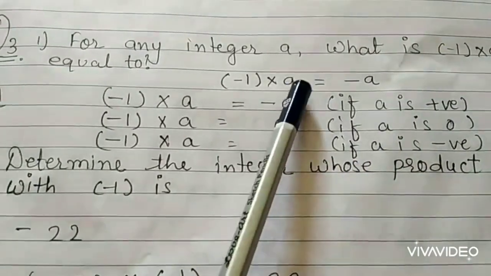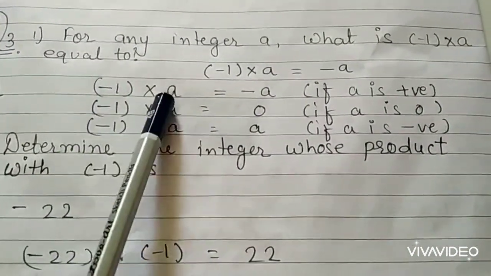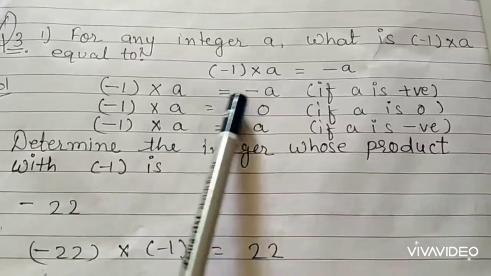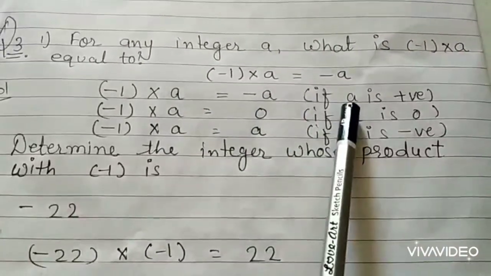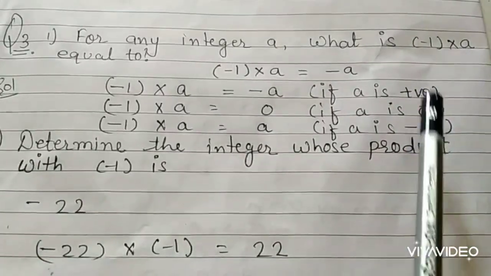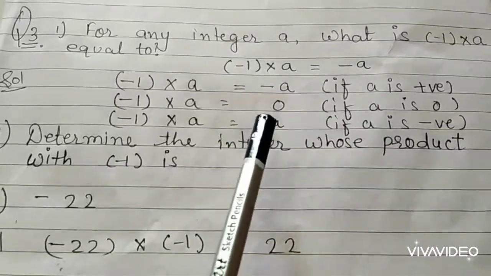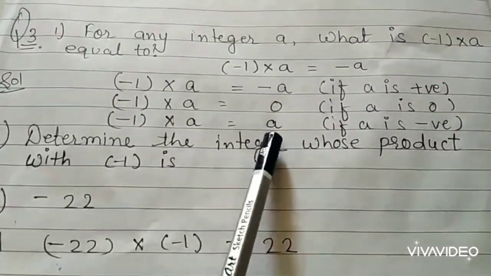But if we take different situations, then we can write minus 1 multiplied by a is equal to minus a if a is positive. Here I am taking all the integers, positive, 0 and negative, and showing the effect on the result.